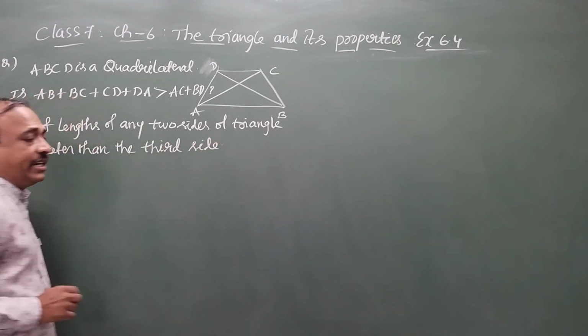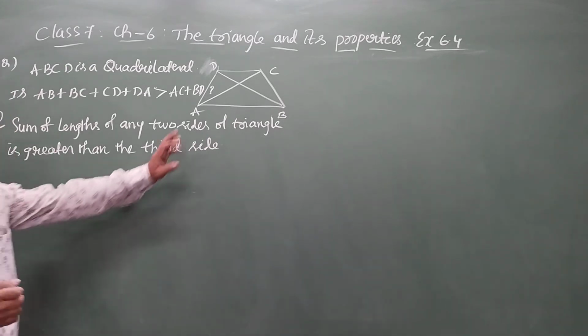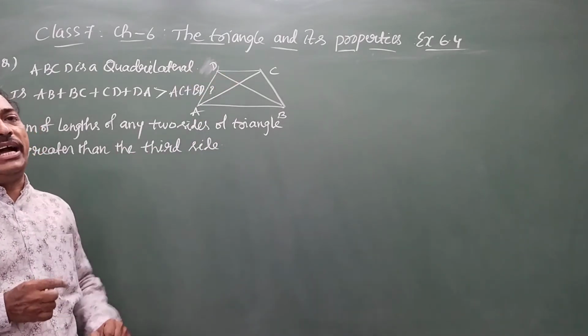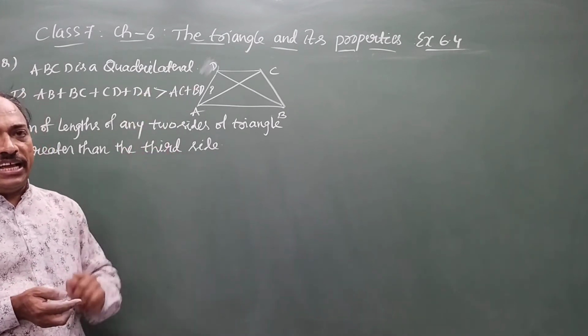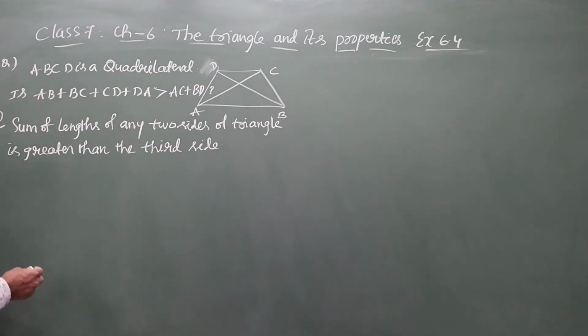What is the third side? But we have to see which triangle. Here we can find a number of triangles, so we split the figure into triangles. Then we can complete this.